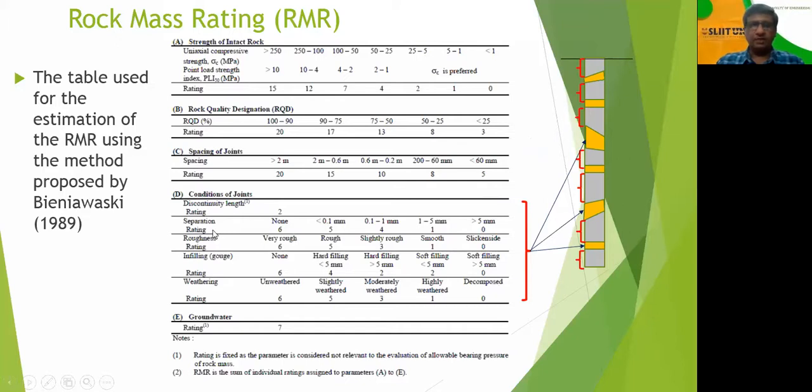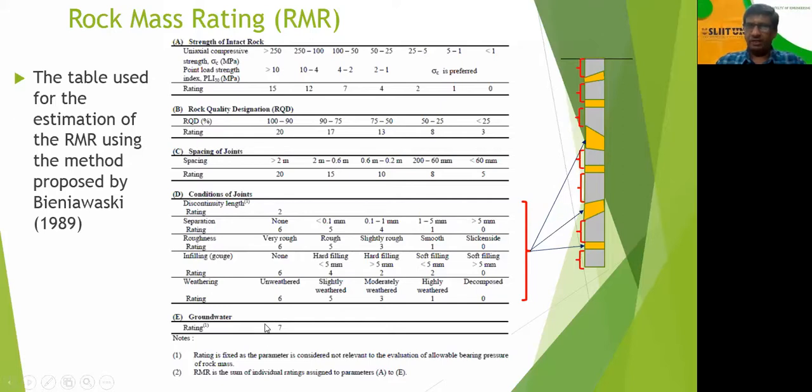They depend on the separation of the fractures, the roughness of the fracture surface, the infill material, and the weathered state of the rock surface. If you want to determine the RMR, it is the summation of these factors.